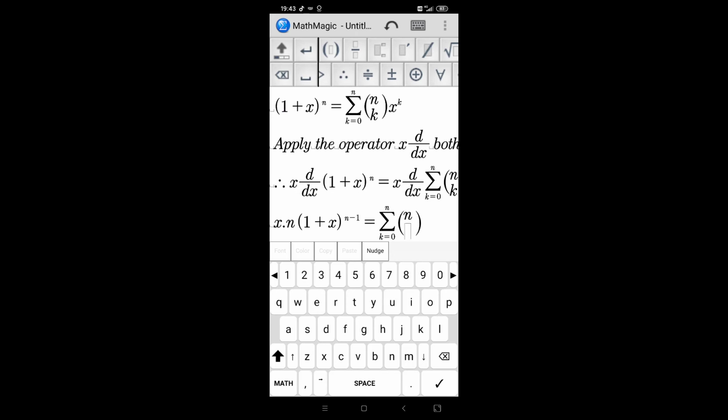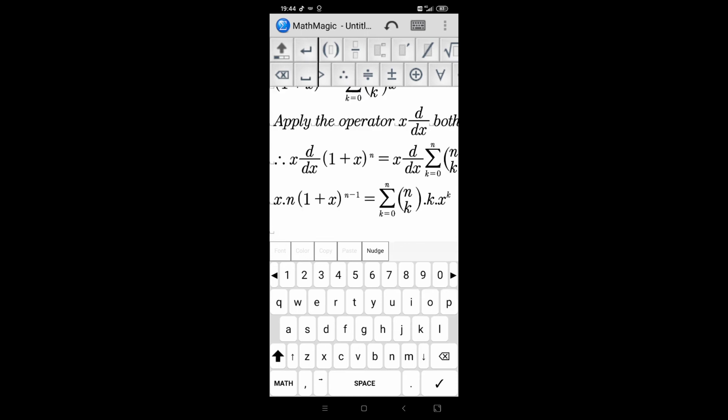So the sum from k equal to 0 to n of n combination k into k into x to the k. Here the x to the k minus 1 is multiplied by the x we have, so the 1 by x cancels out and we get x to the k. Now we are going to differentiate with respect to x again.